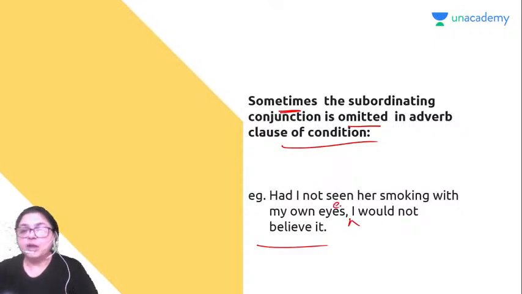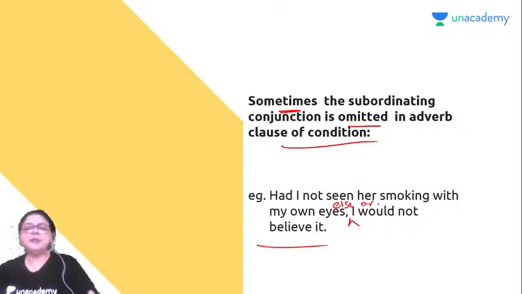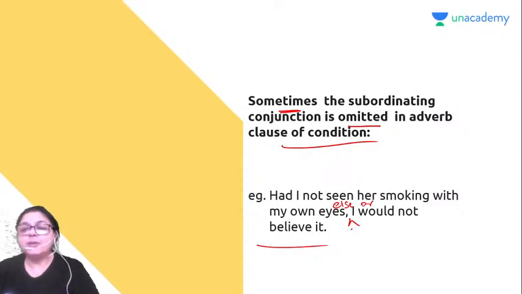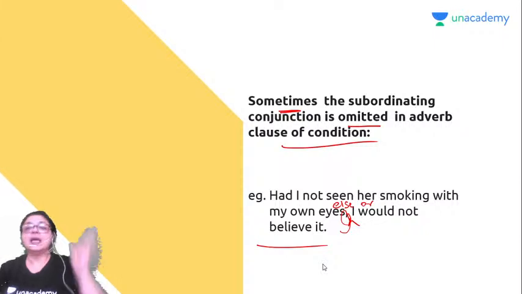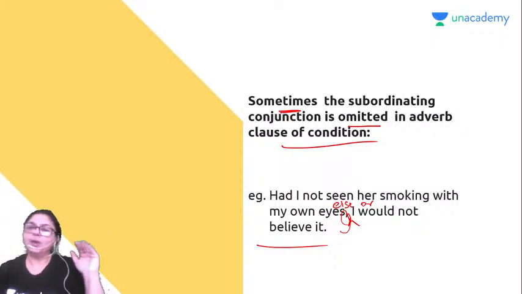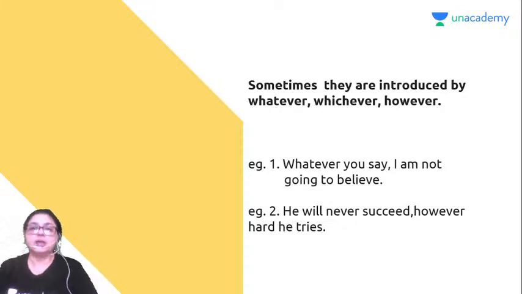I'm using just one comma, and I have omitted the conjunction. Had I not seen her smoking with my own eyes, I would not believe. So that is another way of writing the sentence by omitting the conjunction.